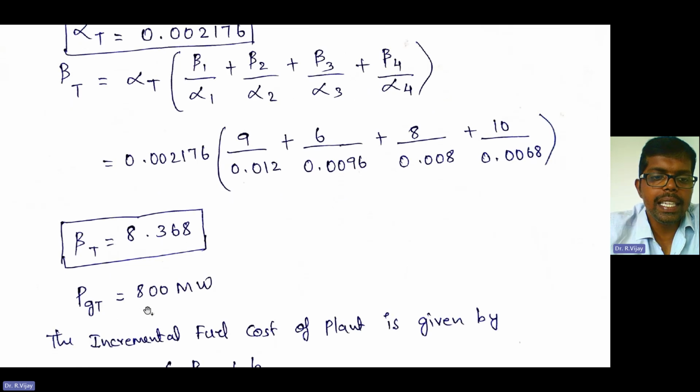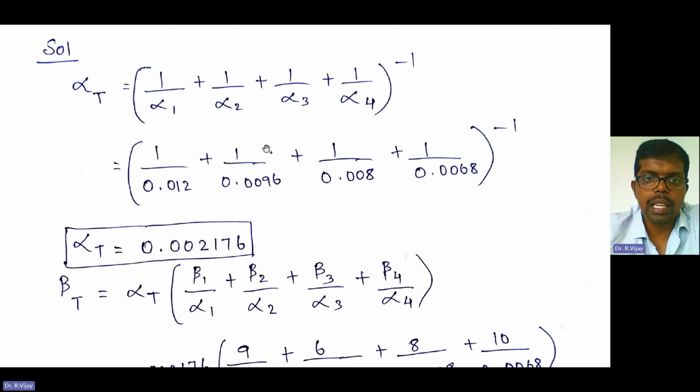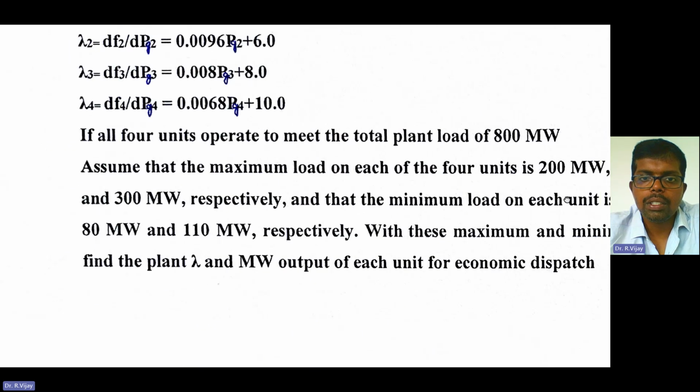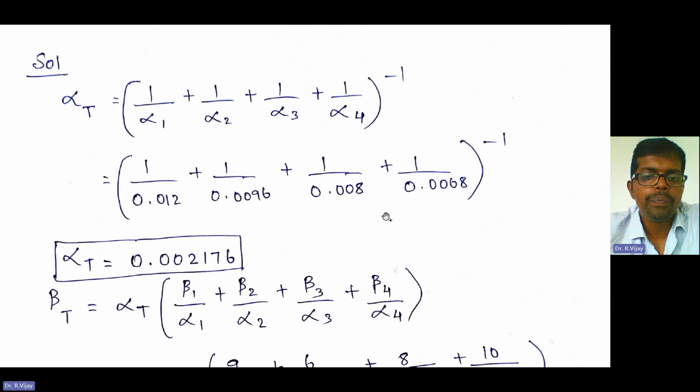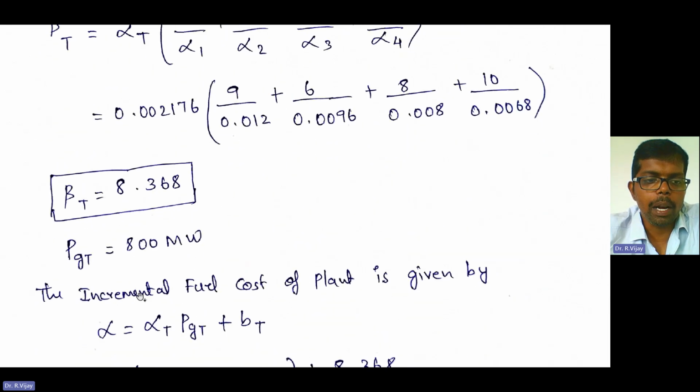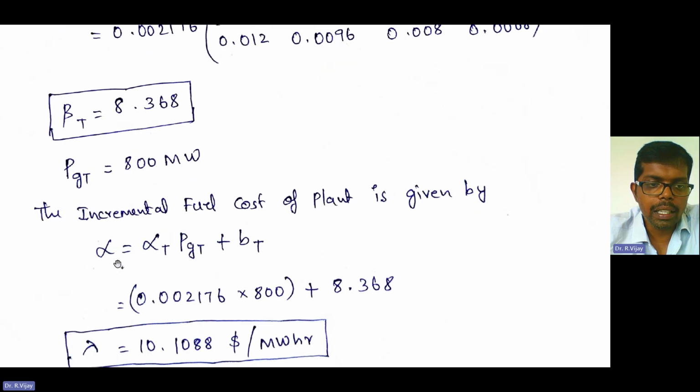Next, pgt is 800 megawatt. That is also given in the problem. So if 4 units operate to meet the total plant load of 800 megawatt, that is 800 megawatt. What is the incremental fuel cost of the plant? That is lambda. Here it is wrongly written as alpha. Lambda is equal to alpha t into pgt plus beta t. Here also it is wrongly written as beta bt. It is beta t.